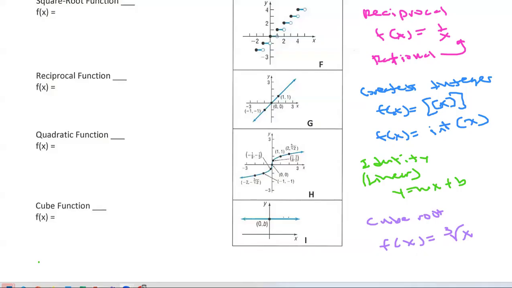Okay, so this here is called a constant function, and that's represented by f of x equals b. So remember this here, that's just a horizontal line, right? Whatever that b is, it can be 1, 2, 3, whatever. So that is the constant function.